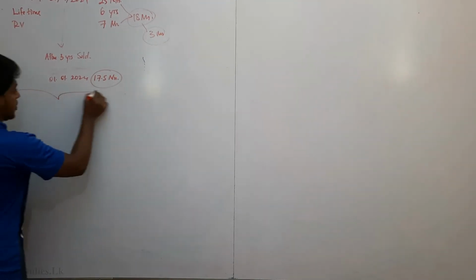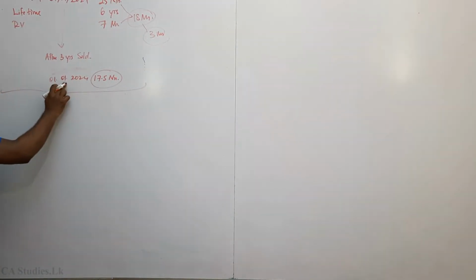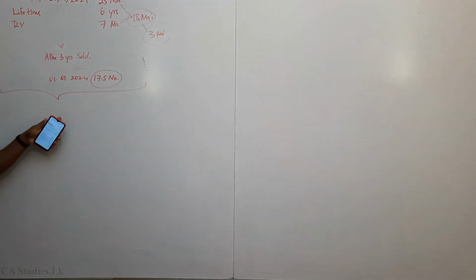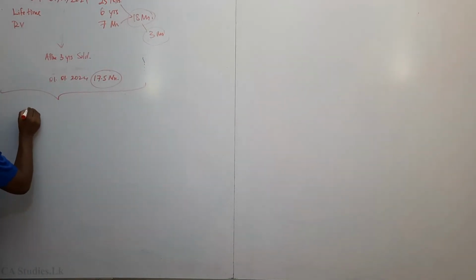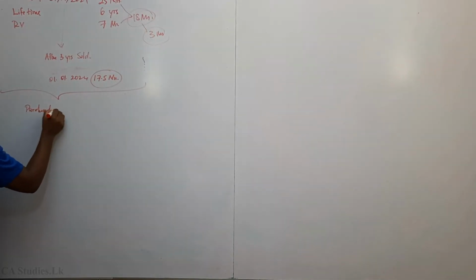On the disposal date, we will prepare a GL and do the financial statements, then you will understand. So 3 years depreciation; now I am doing the calculations, not the systematic method.